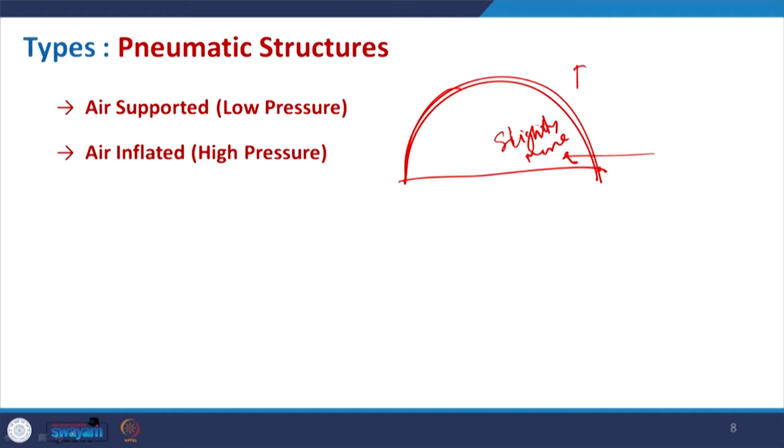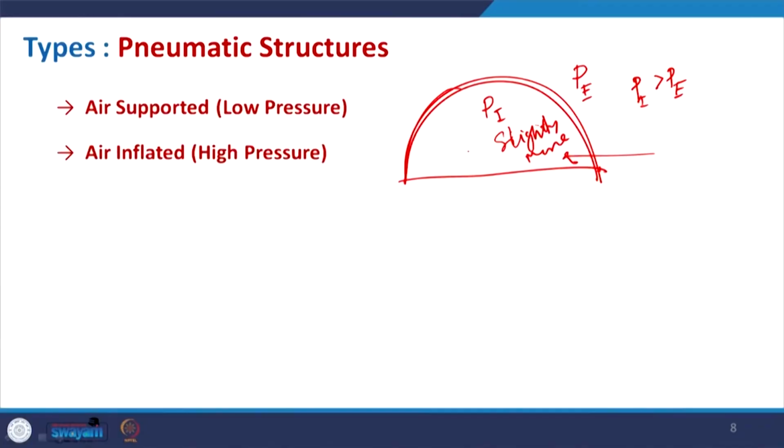So, if it is P exterior and this is P interior, then P interior is slightly more than P exterior, and that is why it is holding the shape. But because it will be habitable, we also have to take into consideration the pressure that a human can hold, and that has to be calculated.